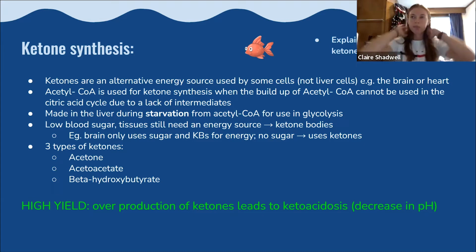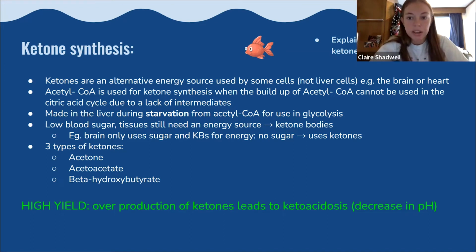So if you remember from last week, acetyl-CoA goes around the Krebs cycle, and going around that Krebs cycle is what produces the electron transport carriers, which then go into chemiosmosis and ATP synthesis. Except if this acetyl-CoA cannot enter the Krebs cycle because of a lack of products around the circle, then that causes the body to go into starvation, and this is what drives the ketone synthesis.